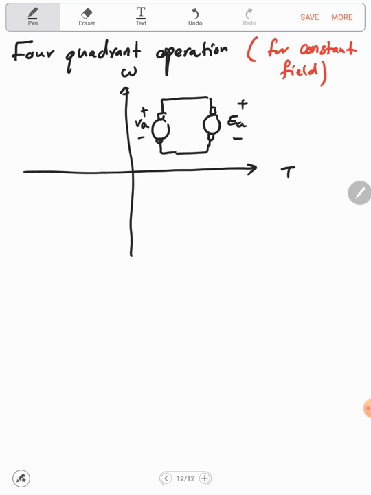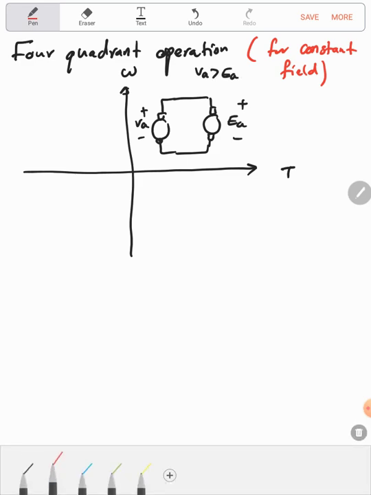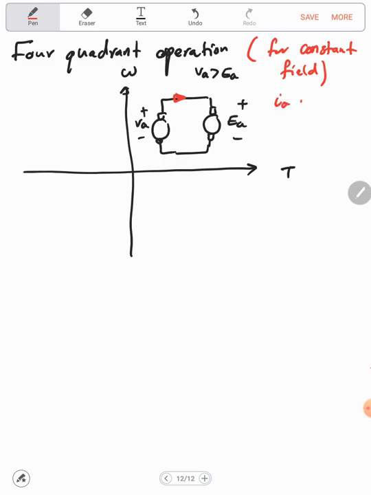Here VA is greater than EA, so the current will flow from the high potential to the low potential. So this means that IA is positive, which means that the torque is positive, and EA is positive.